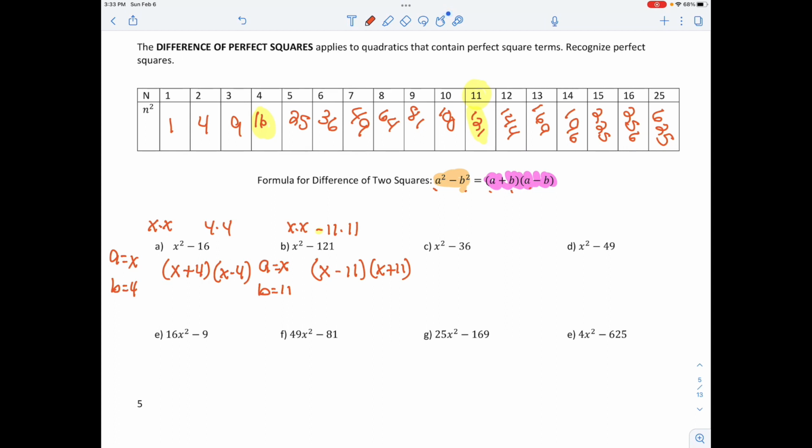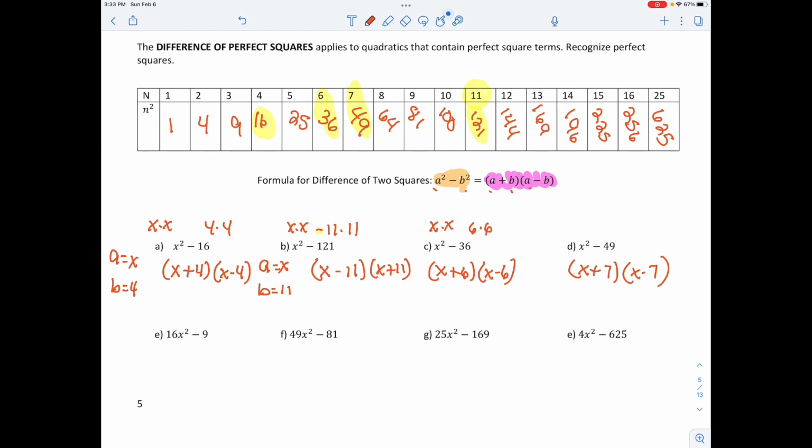Okay? For c, we have 36. So this is x times x and 6 times 6. And so I can write this as x plus 6, x minus 6. Is 49 a perfect square? You betcha. 49 is a perfect square because it's 7 times 7. So then I can write x plus 7, x minus 7.